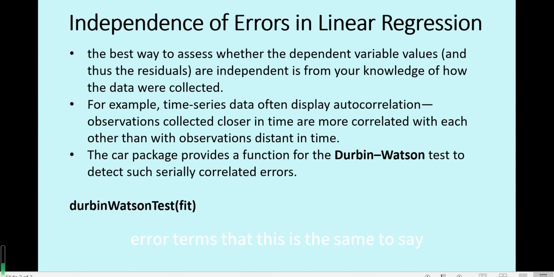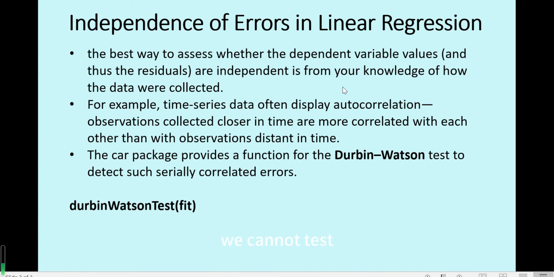Now, this is the same as saying the dependent variable values are independent from each other, because the dependent variable value is linearly regressed with the fitted model plus the error term. So this is the same as saying the error terms, or the residuals, are independent from one another.